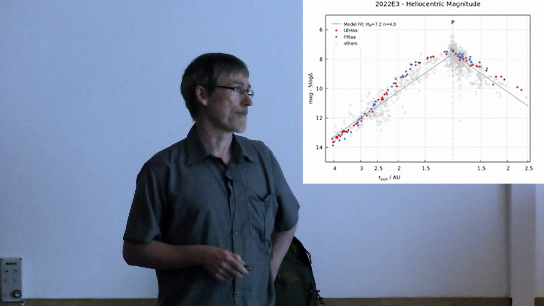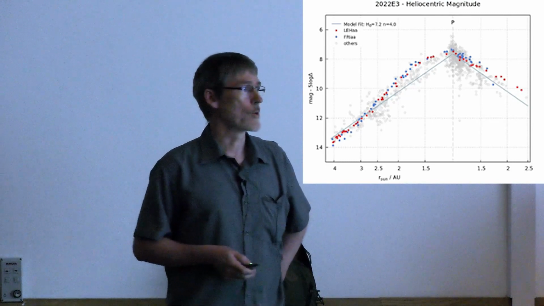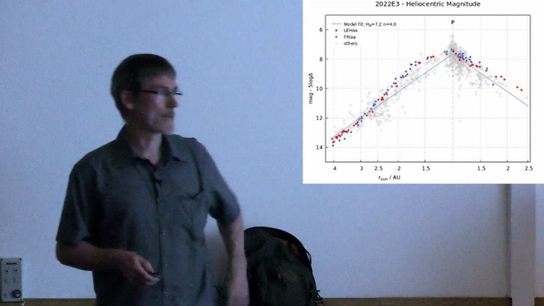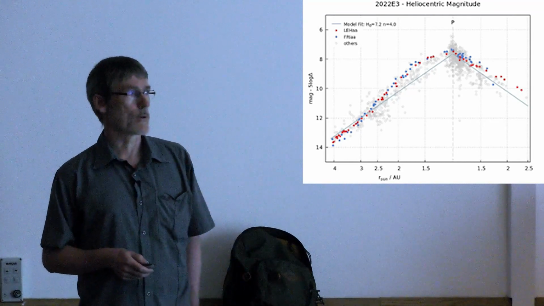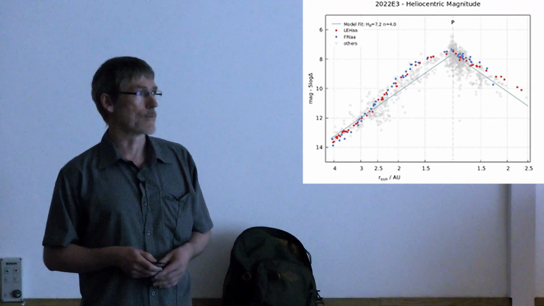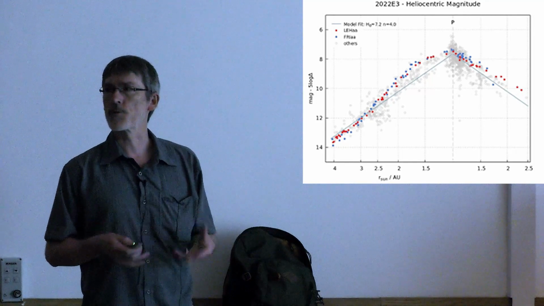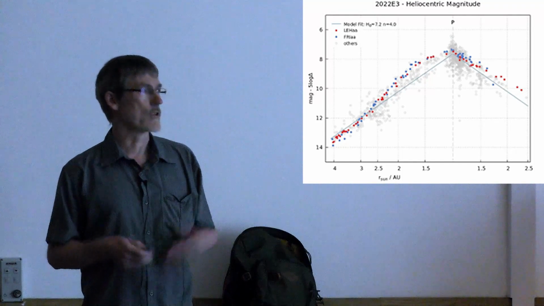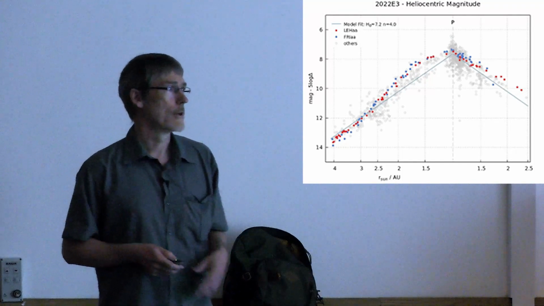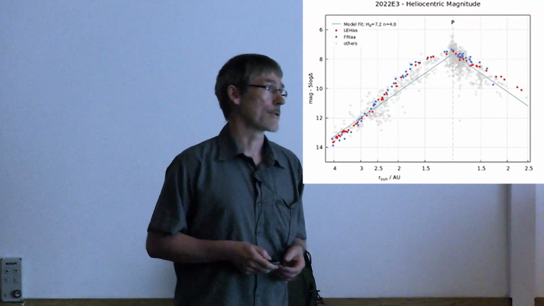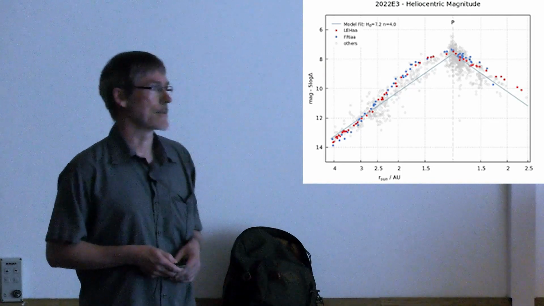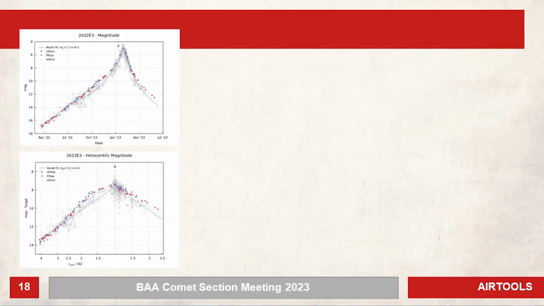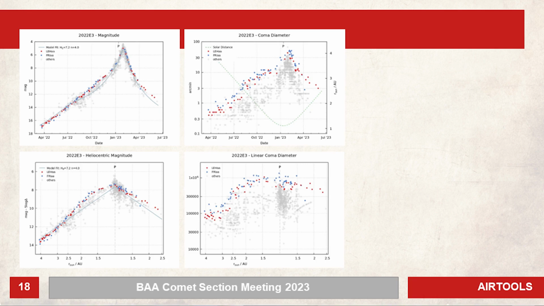So you comet observers know that in this region the water vapor starts to evaporate and might contribute a lot of additional gas in the coma, which causes the brightening, in this case by about 1 magnitude. Here the coma plots.